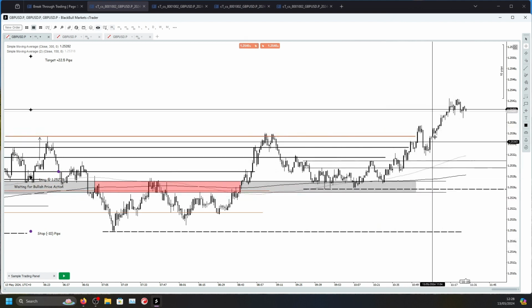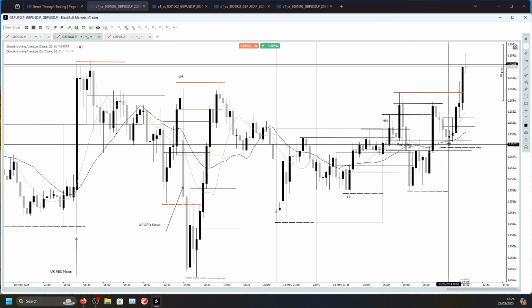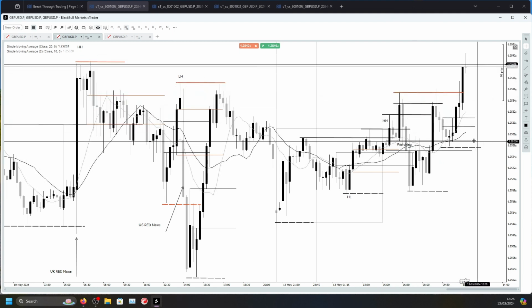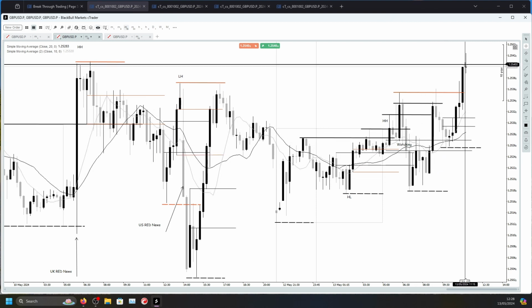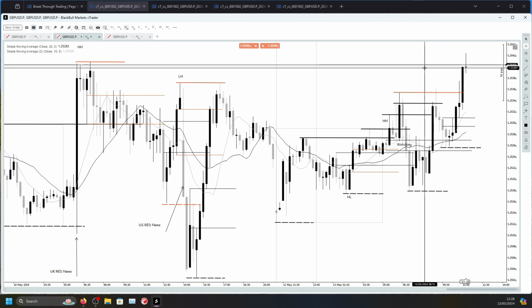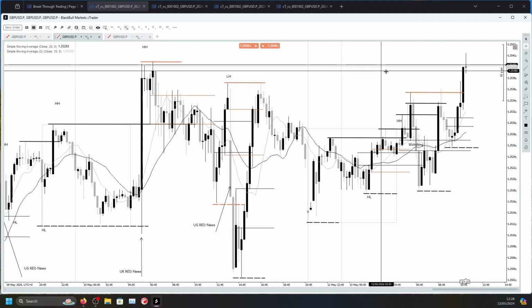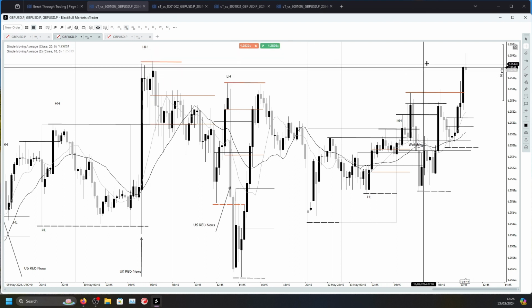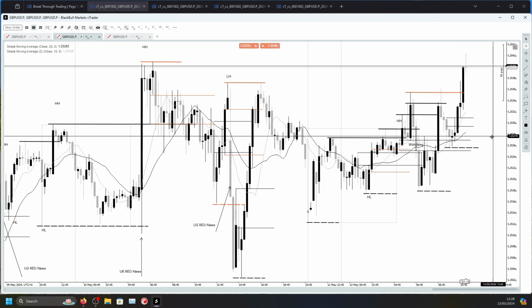It's not blasting away from here. It's quite an efficient move. Like I said, it won't surprise me if when New York opens, and we're breaking through these highs now, price could be picking up liquidity up here. It won't surprise me to see price come back into these levels again.